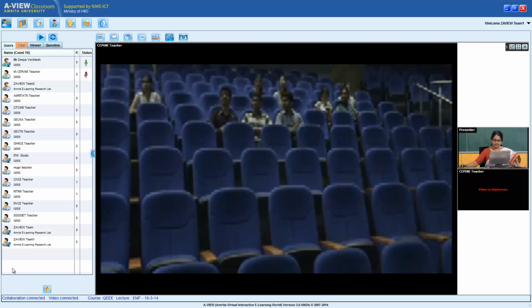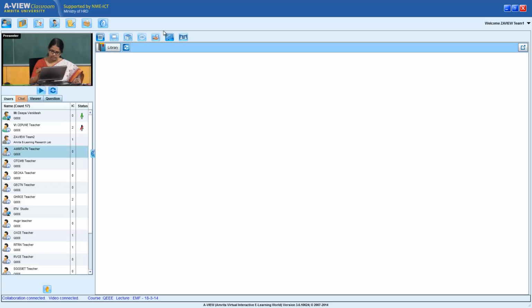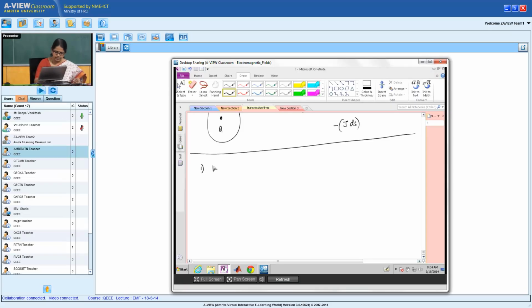So let's continue from what we did last time. To quickly summarize, we did two things. One is we defined electric field and electric flux density, and we defined Gauss law.